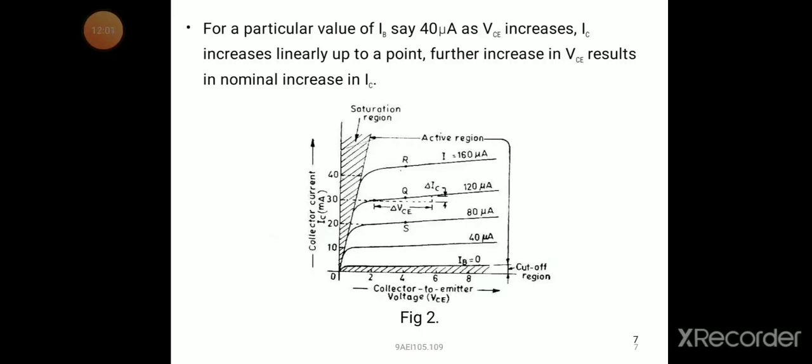The meaning is that much increase in the input gives an increase in output. For a particular value of IB, 40 microamps, as VCE increases, IC increases linearly up to a point. Further increase in VCE results in a nominal increase in IC.